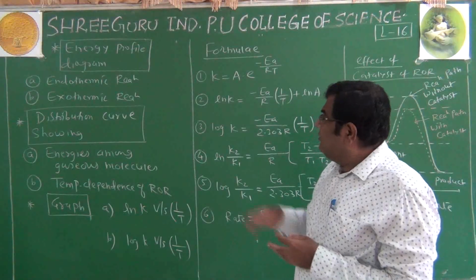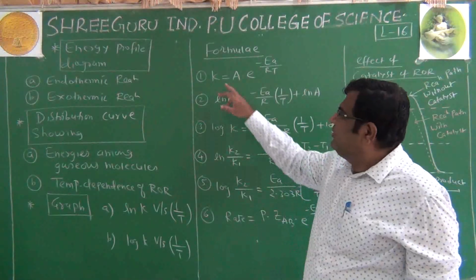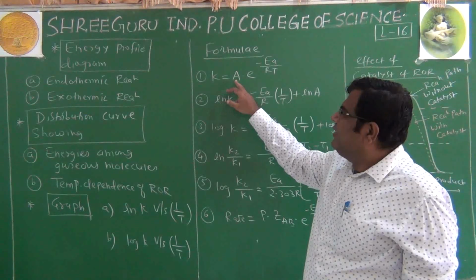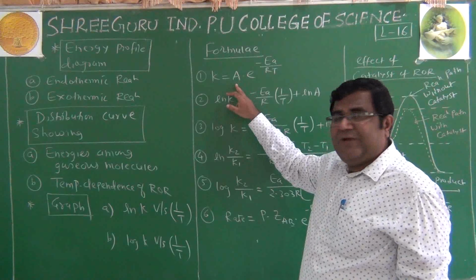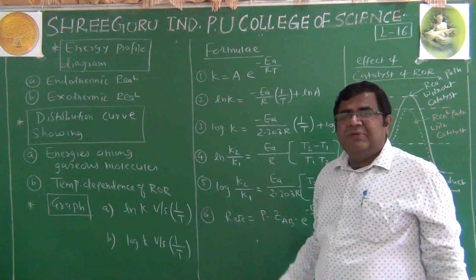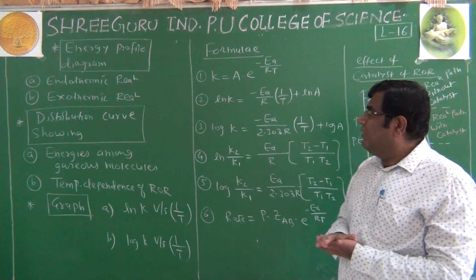Then we have started learning about the Arrhenius equation. Rate constant k equals A e raised to minus Ea by RT, where A is the Arrhenius factor, frequency factor, pre-exponential factor. e is the base of natural logarithm, the value is 2.718.